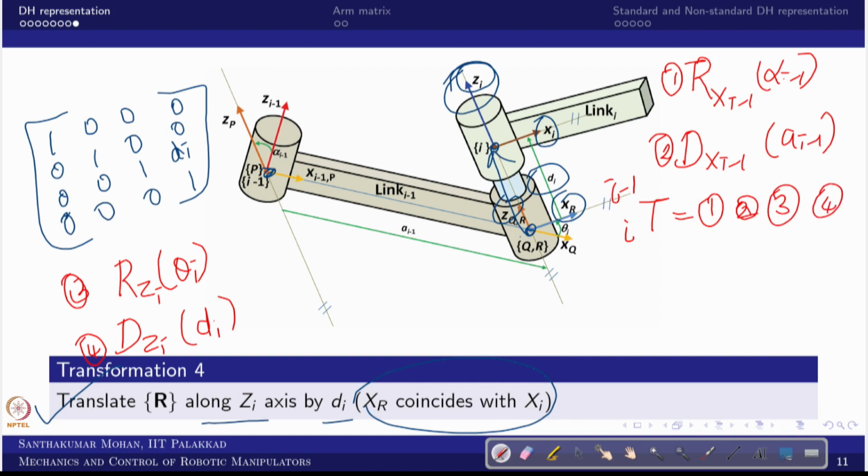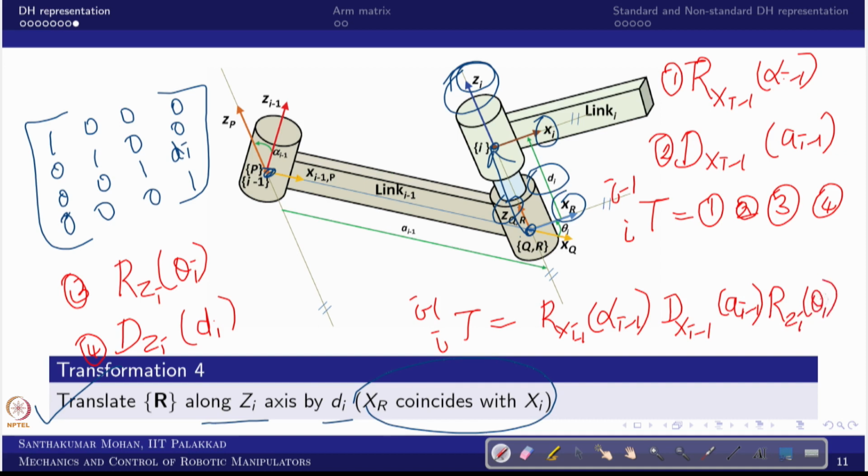In the sense, Ti with respect to i minus 1 is the rotation about xi minus 1 by angle alpha i minus 1, then translation along xi minus 1 by ai minus 1, then rotation about zi by theta i, and finally translation along zi by di. So this is the final matrix. You know the individual matrices; you multiply.